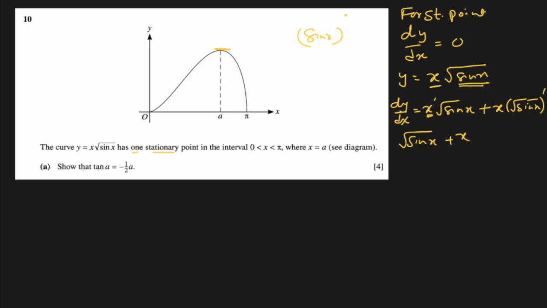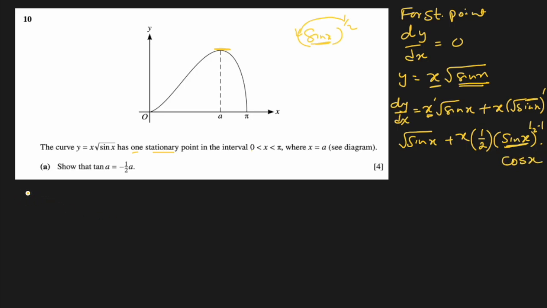Can I write it like this? Because it is square rooted, the exponent is half. For differentiating this, half will come in front, and the exponent will go down by 1: (sin x) to the power half minus 1. Further, we have to multiply it by the differentiation of what is inside the bracket, which is sin x, so its differentiation is cos x.